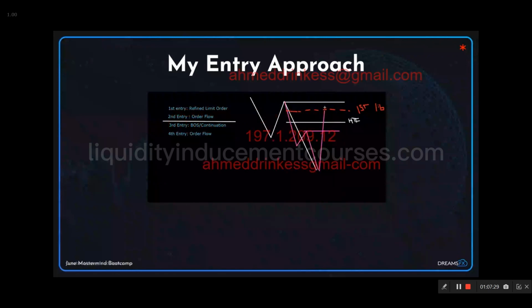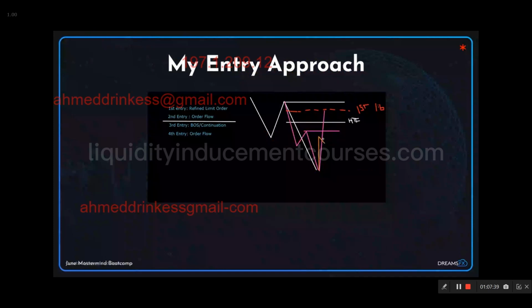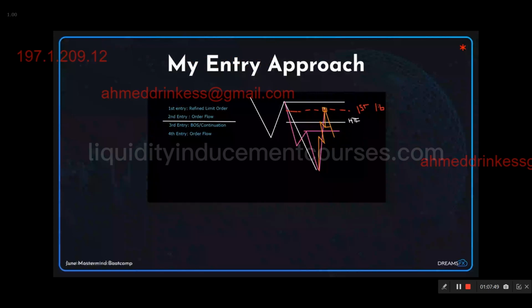So at this point, say practical numbers, let's say you're risking $100 here. Well, what's going to happen is, if you risk $100 here, and let's say price goes down here, and here's an internal BOS, now you could be up maybe $200-300.